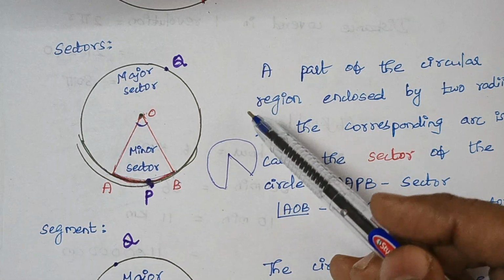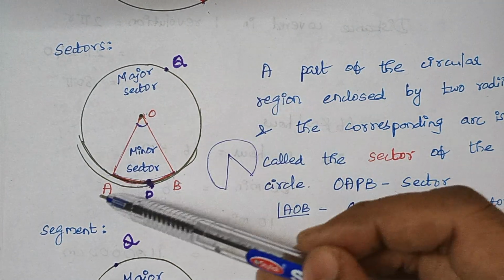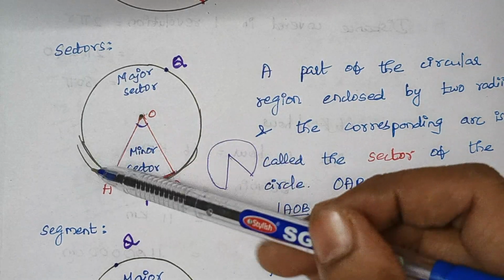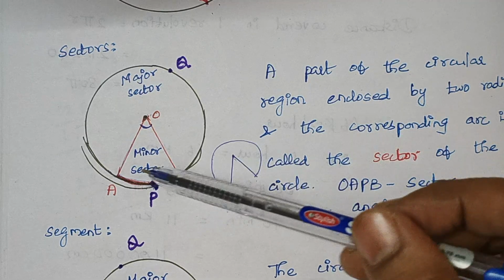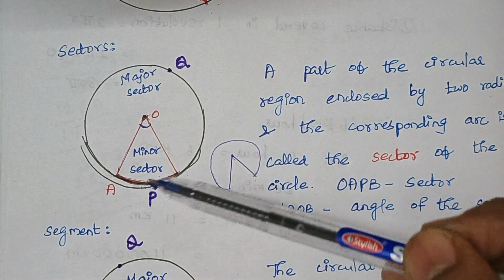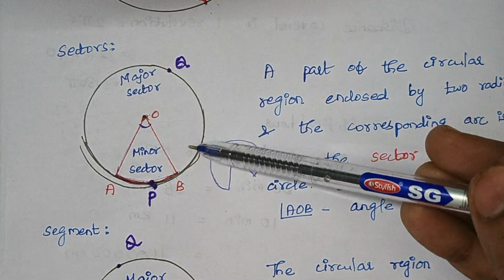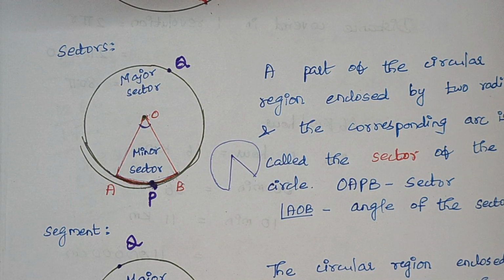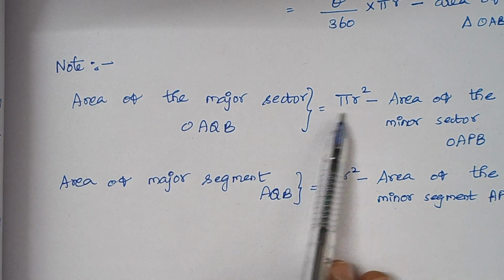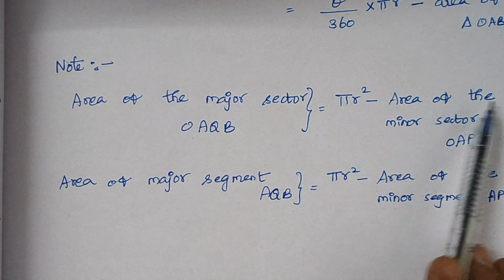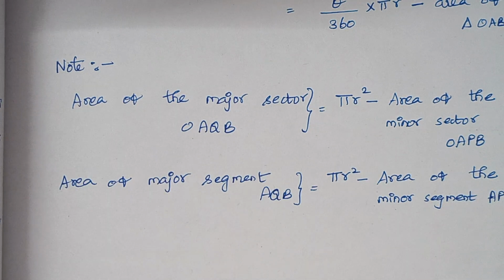The simple thing is, you find the area of the circle and you subtract the area of the minor sector. Then you will easily get the area of the major sector. The area of the circle is pi r square minus the area of the minor sector, and the minor sector is OAPB.